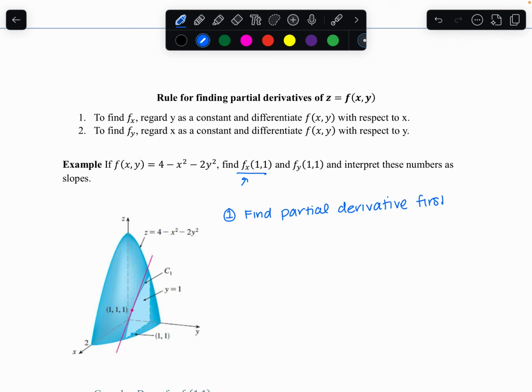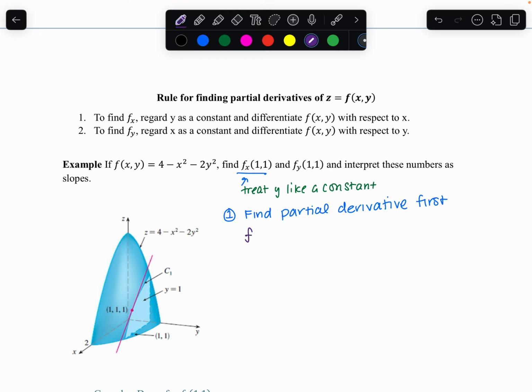And this is how we're going to do it, right? So I'm going to treat y like a constant. I'm not going to plug anything in for y, right? I want you to get into the habit of being able to find these partial derivatives at any points, having generic descriptions of these things.